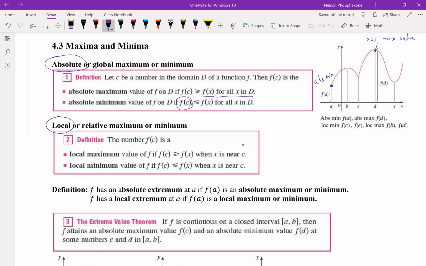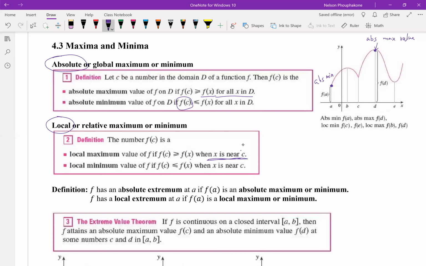Then, how about the local maximum, or sometimes we call it the relative maximum or minimum? The number f of c is a local maximum value if f of c is greater than or equal to f of x when x is near c. So in this case, we are not looking at the whole thing.